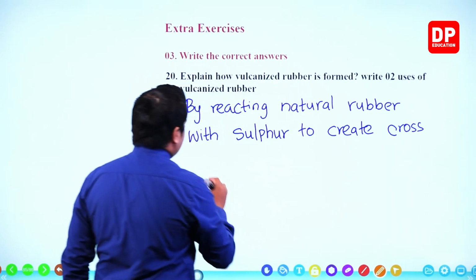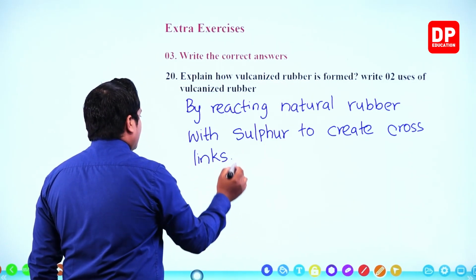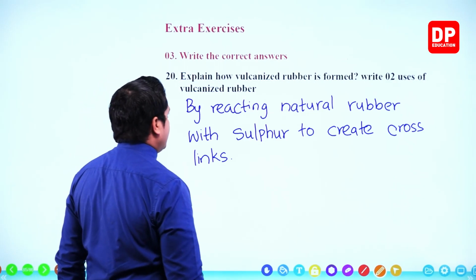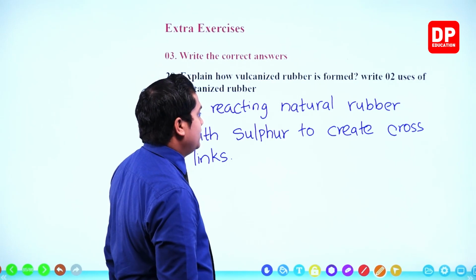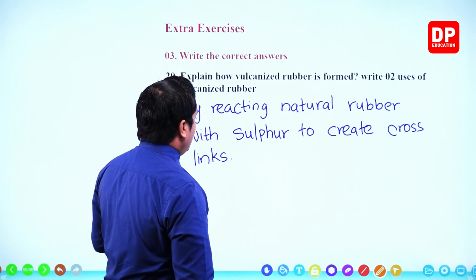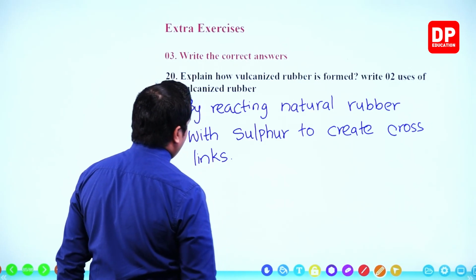Okay, to create crosslinks. So this is how we are going to create vulcanized rubber.